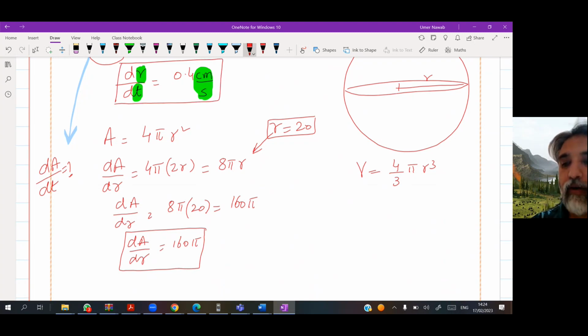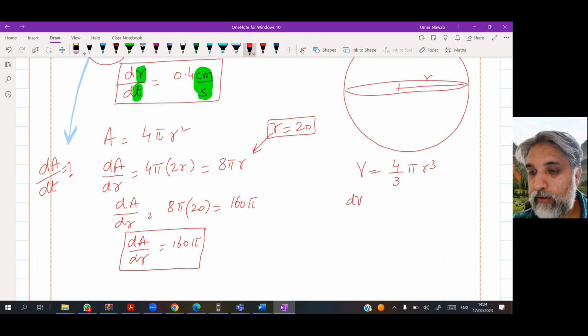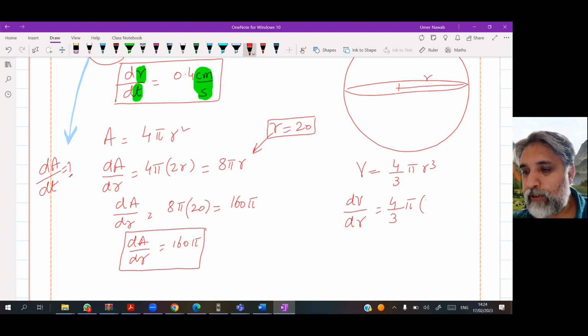dr over dt is also found. Allow me to find dV over dr from here also. So dV over dr is 4 over 3 pi, which is 3r squared, 3 cancelled.